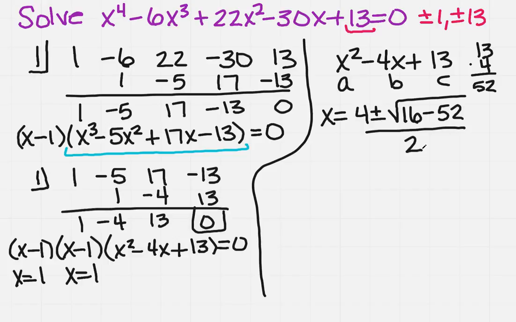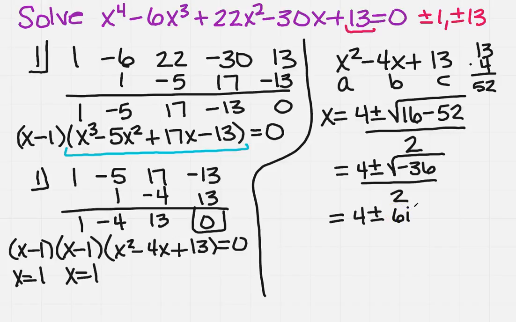But a is 1. So now when I simplify this, I get 4 plus or minus the square root of minus 36, over 2. Remember we talked about complex numbers, so i is the same thing as the square root of negative 1. 36 is also perfect, so this is going to be 6i. And this is all going to be over 2.